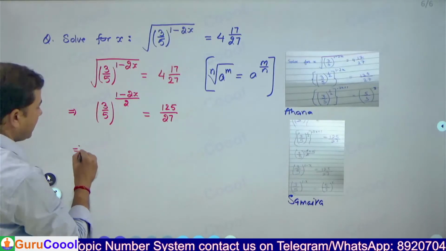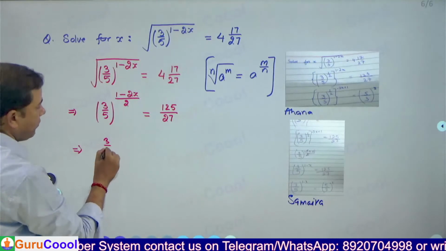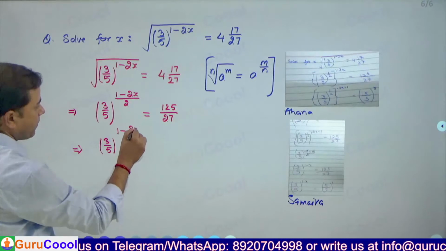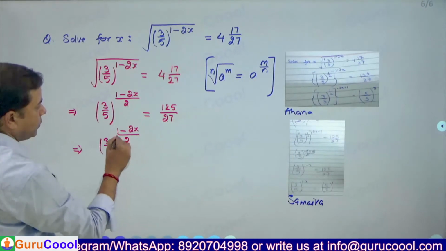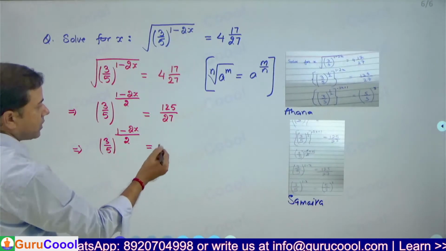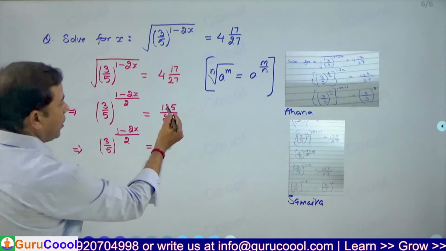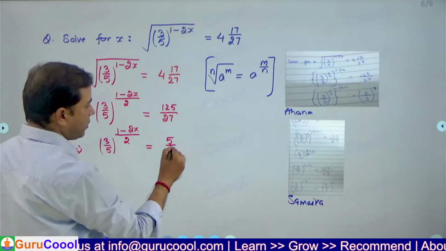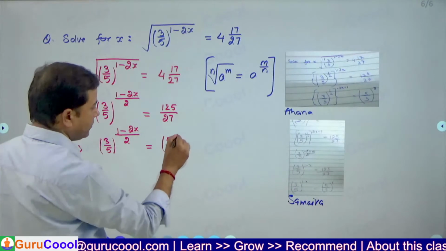Now what we see is 3 by 5 raised to the power 1 minus 2x divided by 2 equals, on the right hand side, 125 is 5 cubed and 27 is 3 cubed, so 5 by 3 cubed.